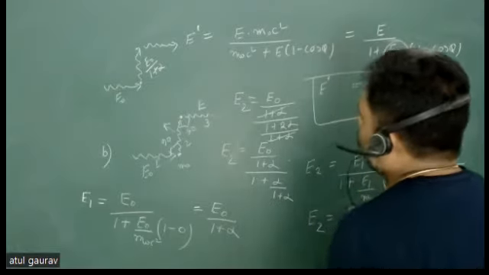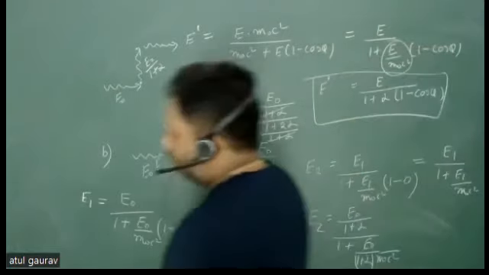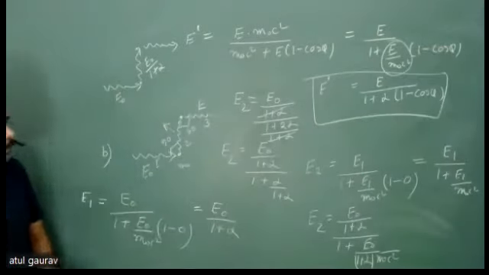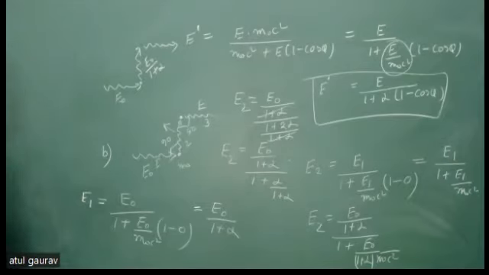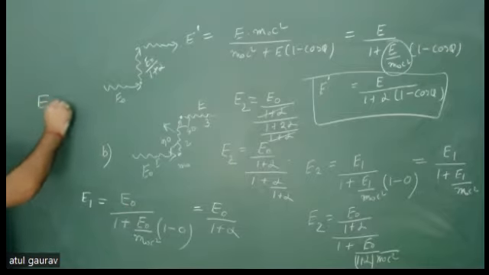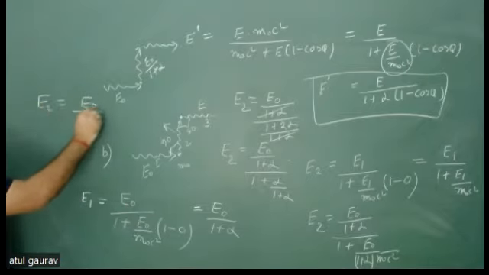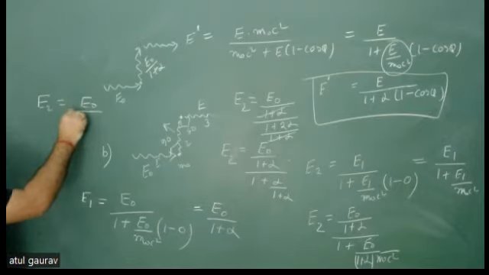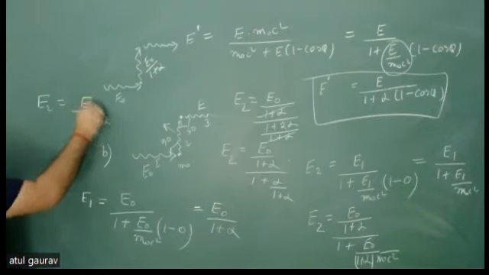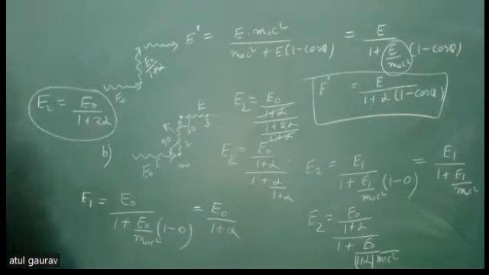What you will get is E2 equal to, is it written correctly or did I make a mistake? Yes. So E2 is equal to E0 by 1 plus 2 alpha. So this is your energy. Look at how beautiful this answer is.